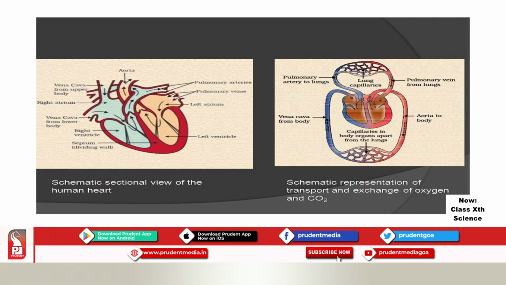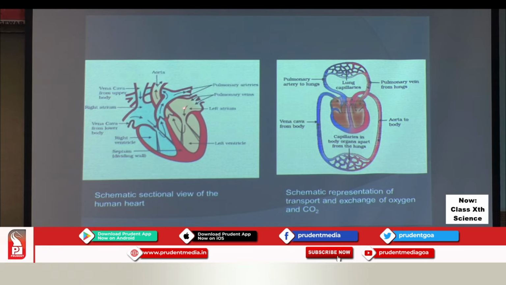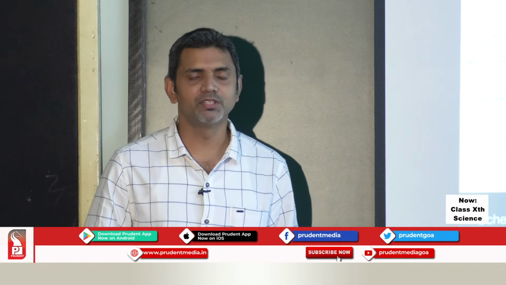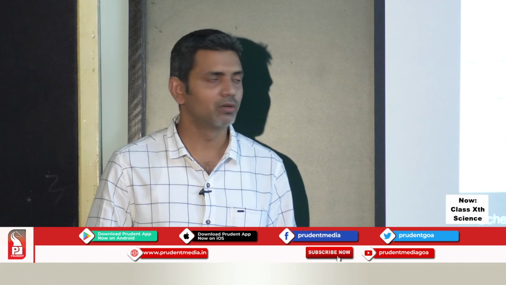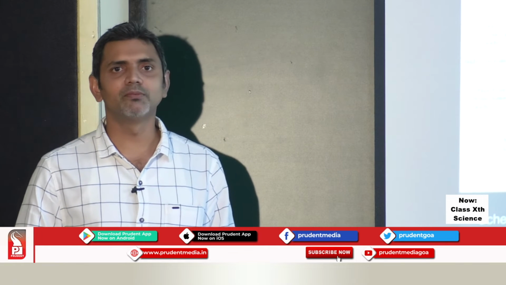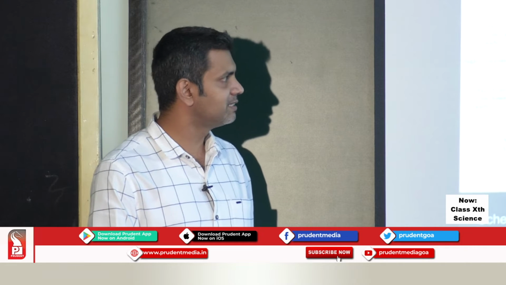The left and right side of the heart are divided by one wall. We call this dividing wall the septum. Now, the human heart has 4 chambers, 1, 2, 3 and 4. This 4-chambered heart which is present in our body separates the left hand side and right hand side of the heart.